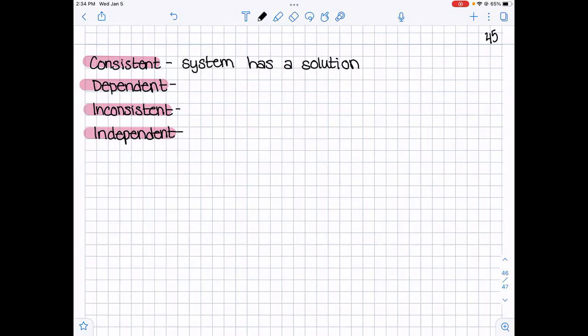What kinds of lines? Well, not parallel. The ones that have infinite solutions, right? That was the one that was exactly the same line. So things that are dependent are systems that have infinite solutions, because one line depends on the other. They have to be on the same line, right?